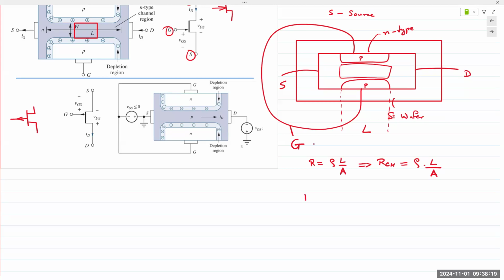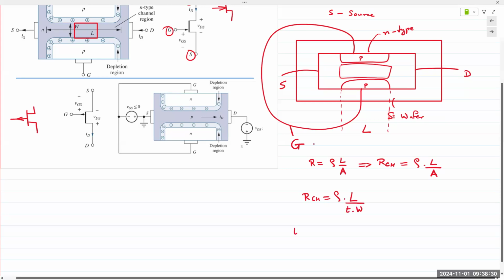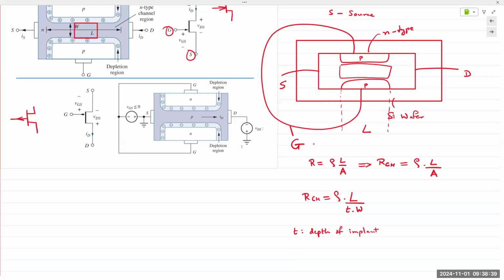And so that can be given by T times W, where W is the width of the channel and T is the depth into the substrate.